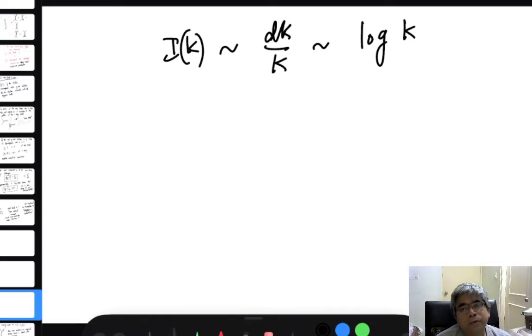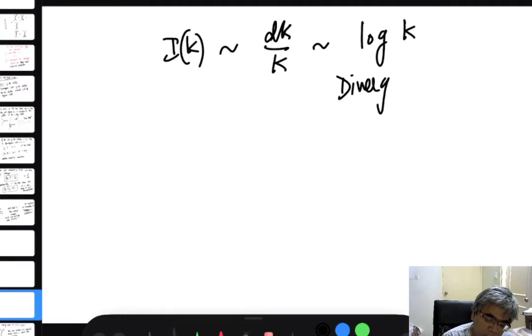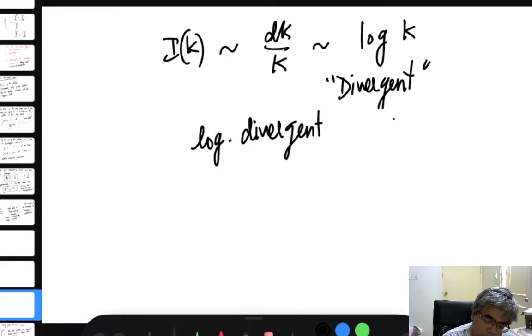So this integral goes as log k. Now log k is divergent, so this is a log divergent integral.